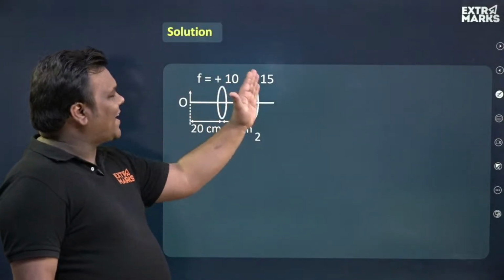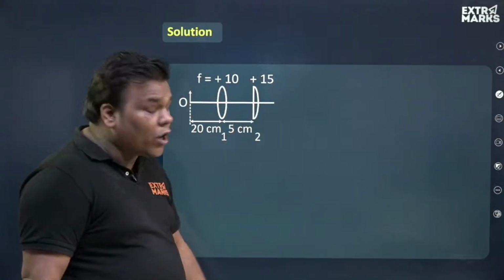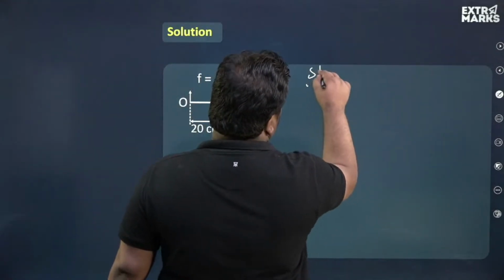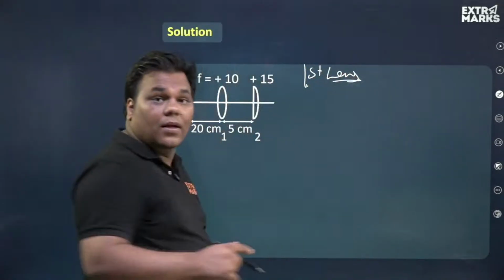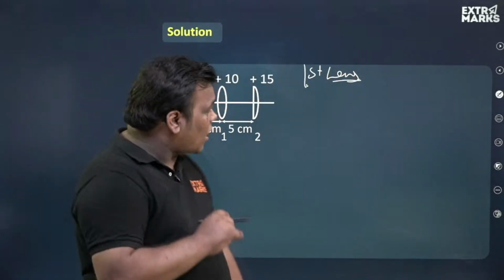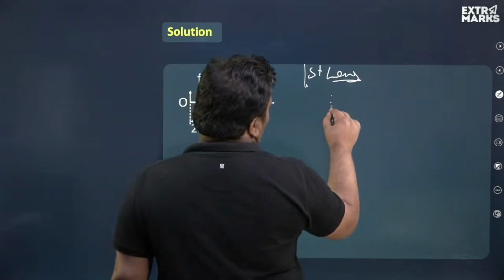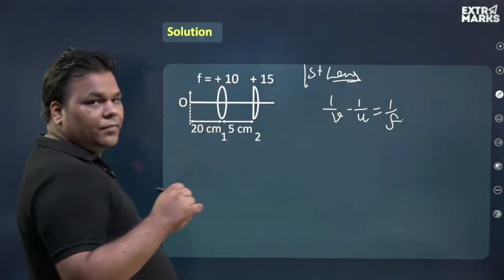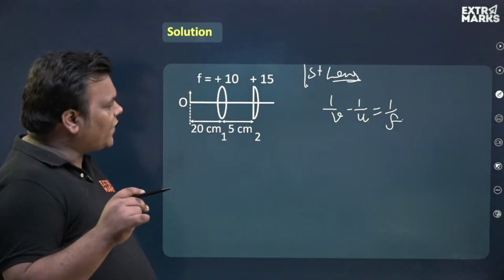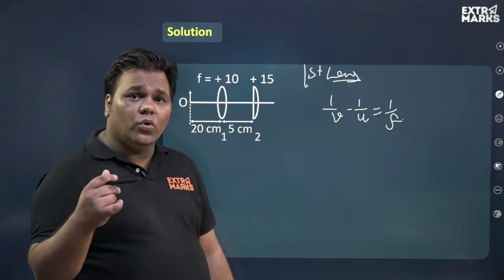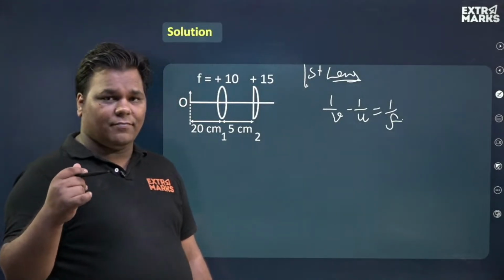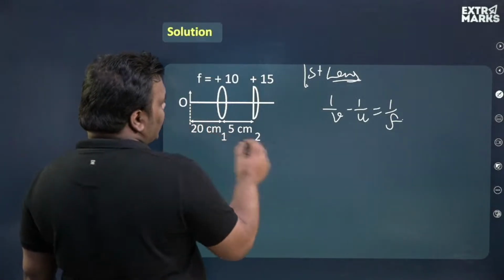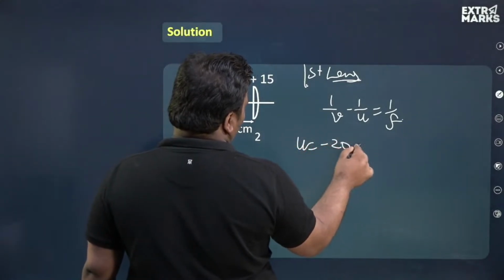F is equal to plus 10, this is a convex lens, a plano-convex lens, U is equal to 20. So for the first lens, 1 by V minus 1 by U is equal to 1 by F. U is equal to minus 20, if I am right.